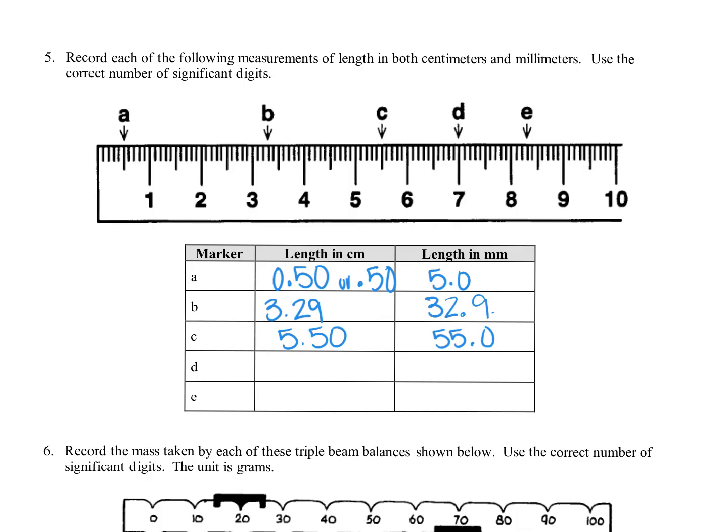Someone else tell me, what did you get for D? 7 centimeters. How many digits do you have to have after the 7? Like 7.0. Good. Okay, 7.0. So for millimeters, exactly 70, so 70.0.